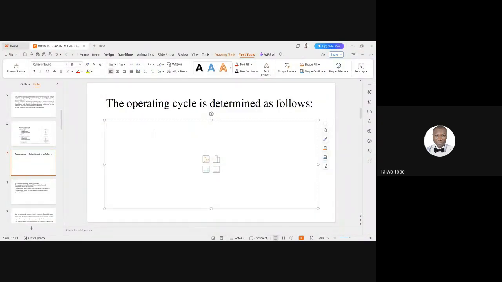So we can have, let me say A, raw material turnover.